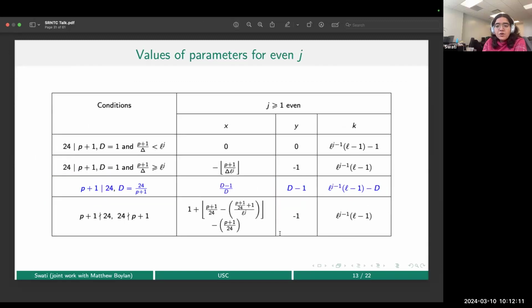Then, moving on to even j, we see a similar phenomenon: only in the case p plus 1 divides 24 is the exponent y, which occurs in the eta quotient, greater than 0, and otherwise it is less than or equal to 0. And then we have k to be minimal in this case when p plus 1 divides 24.